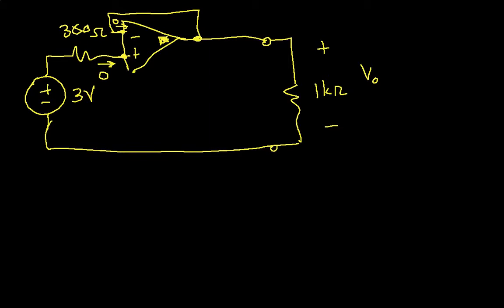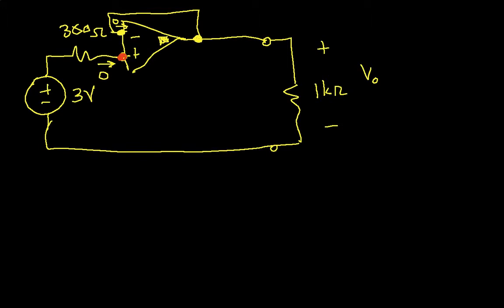Because if you assume the gain is infinite, the only way you can have the voltage at the output be something reasonable is if the difference between the two inputs is 0. So in other words, this voltage at this point will do whatever it has to make this voltage and this voltage the same. Okay, well, let's see what V plus is, what this voltage at this point is.